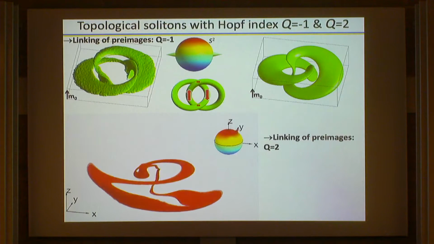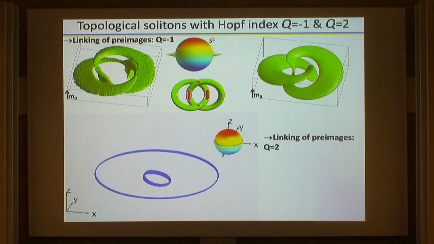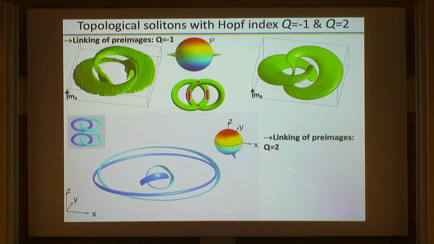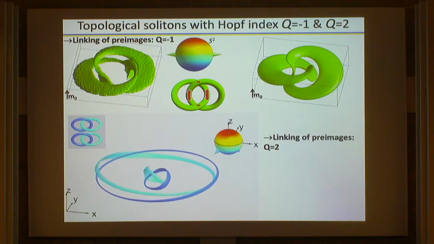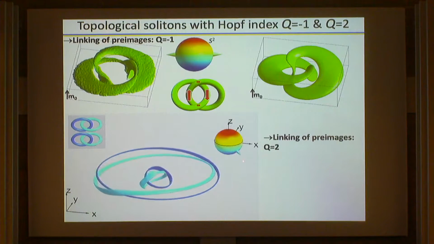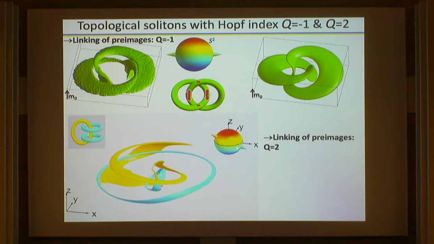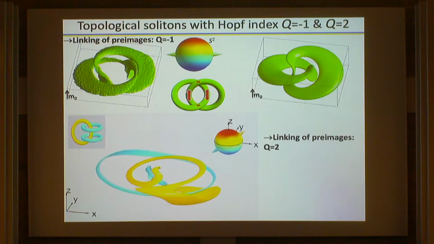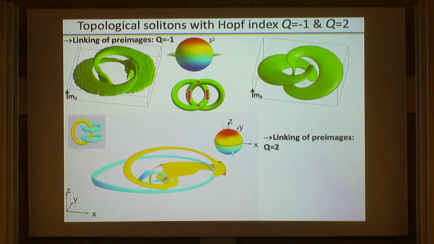Because the geometric interpretation of that topological invariant is the linking number, right? And so in here you can see when we have 2 pre-images, they are always linked with each other 2 times, right? The linking number is 2.